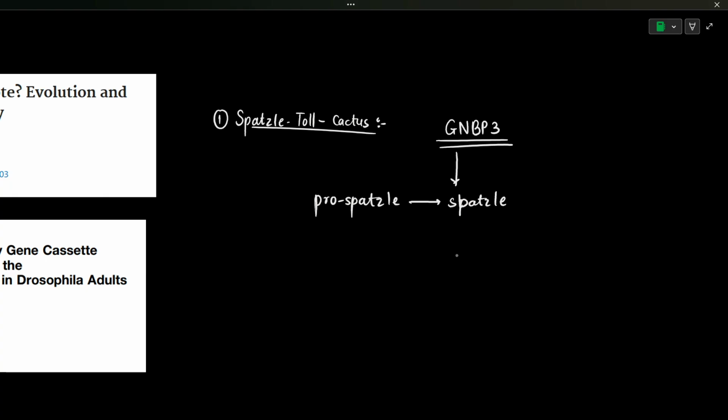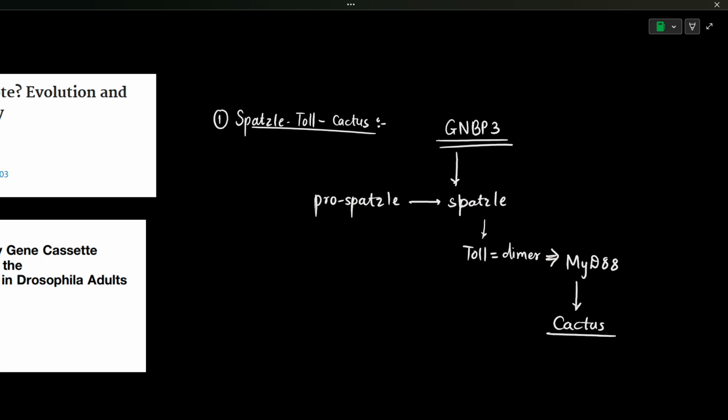So Spätzle binds to Toll receptors, the Toll receptors get dimerized and activated, and they recruit certain adapter proteins such as MyD88, which will activate certain kinases, and it will culminate in the phosphorylation and degradation of cactus.